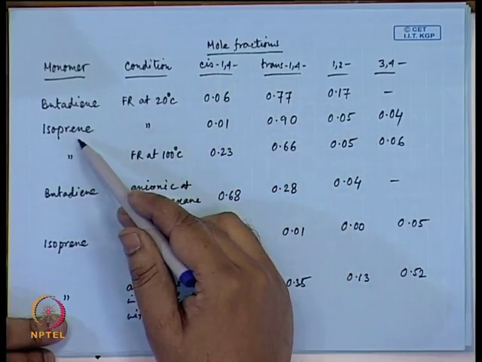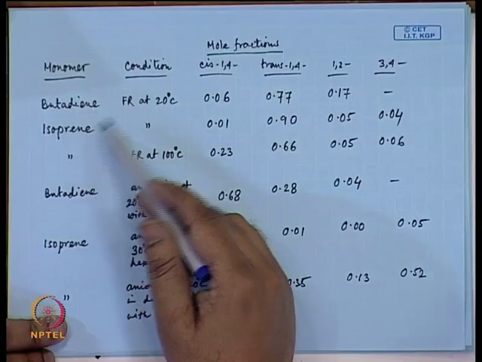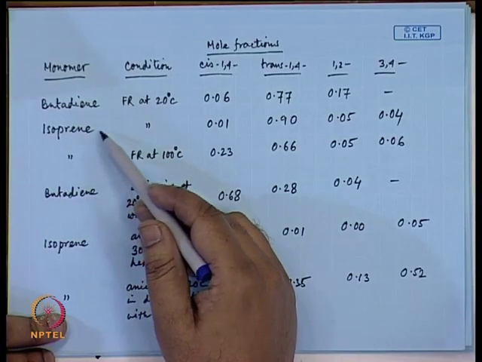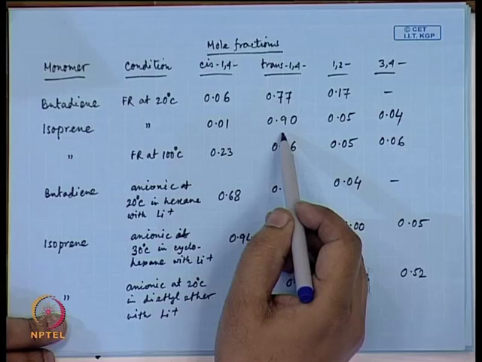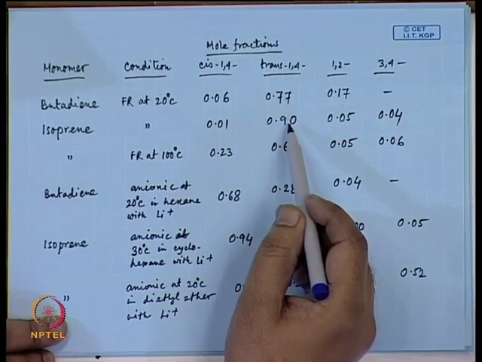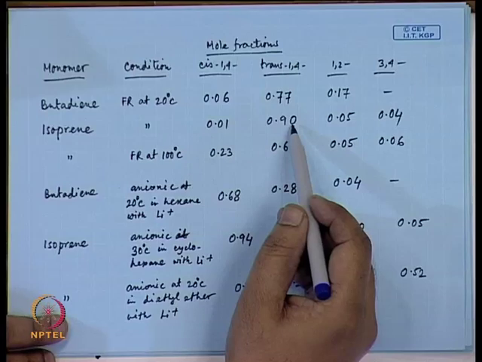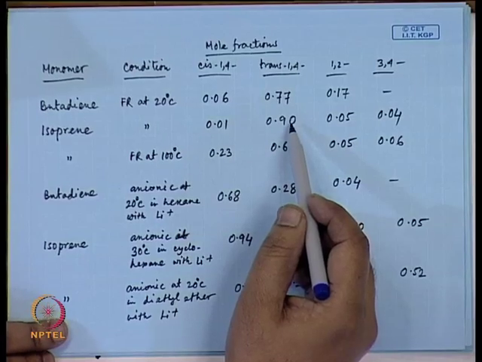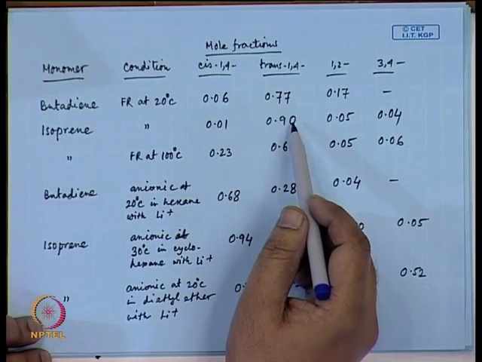If you increase the size of that substitution from hydrogen to methyl, the size goes up. So, your trans product becomes more dominating in comparison to the case where there was no substitution.